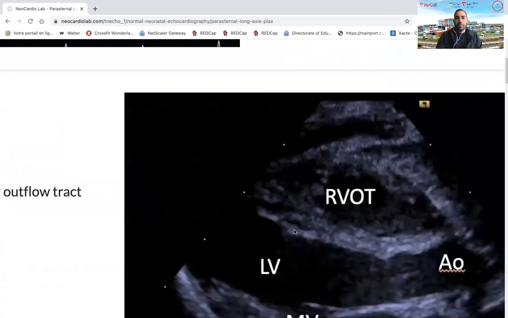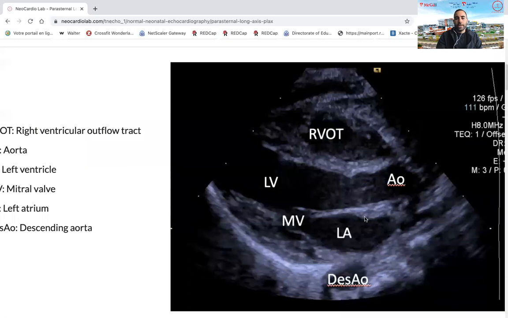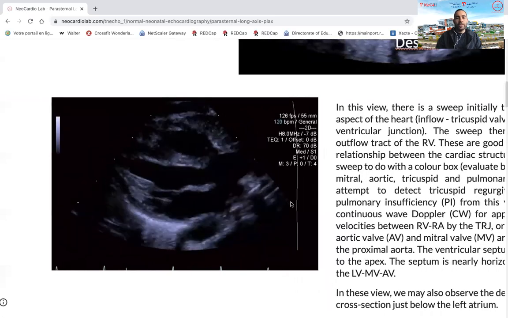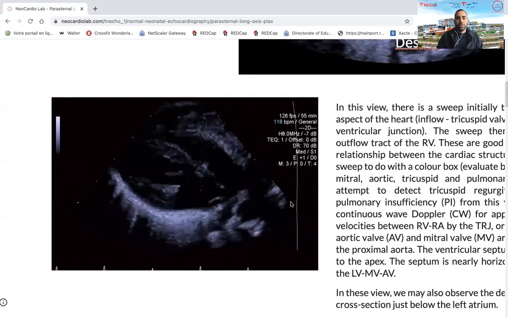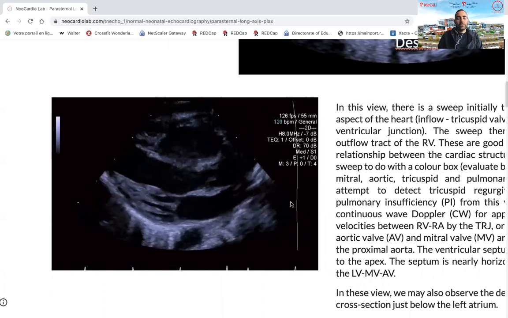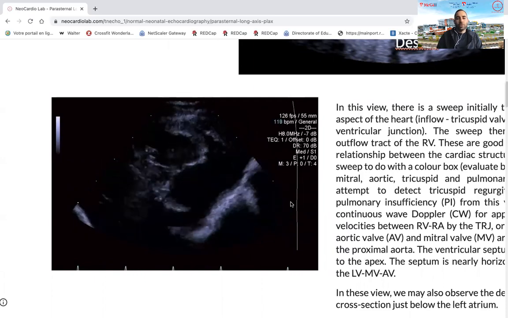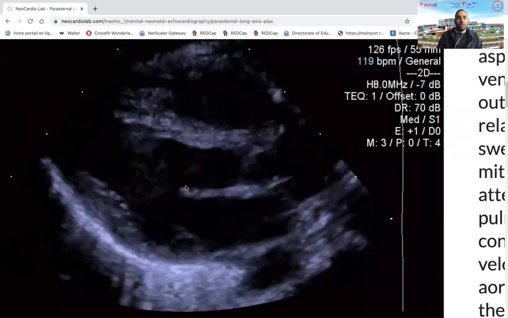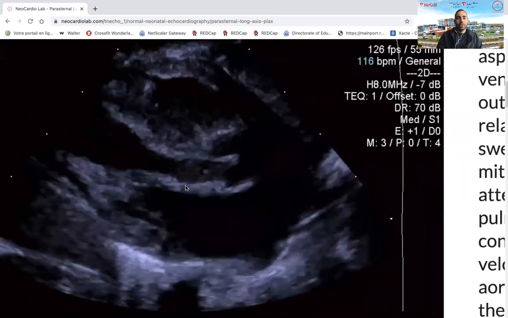And this will outline the various structures that we just discussed. So typically when I scan, I like to do sweeps, which means that I'll do a sweep towards the posterior section of the heart, and then eventually to the anterior portions of the heart.